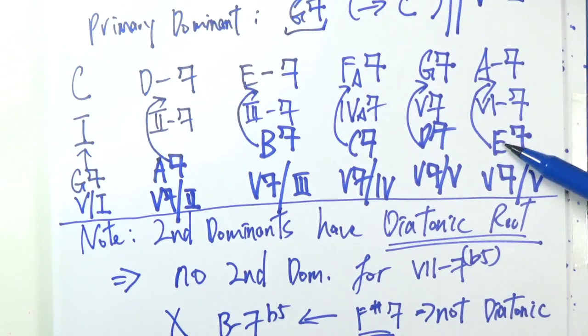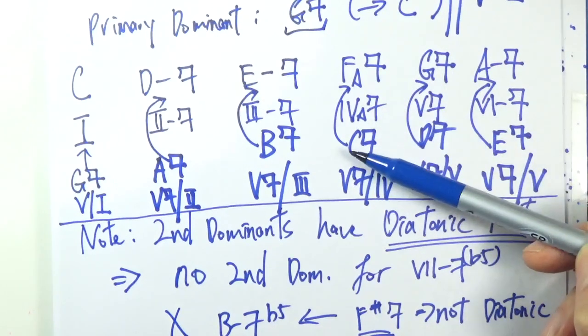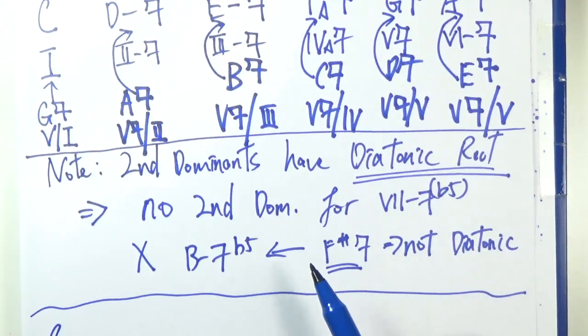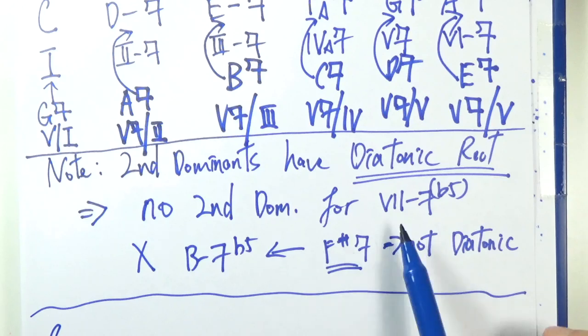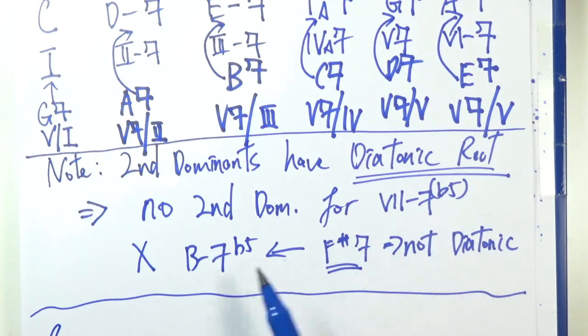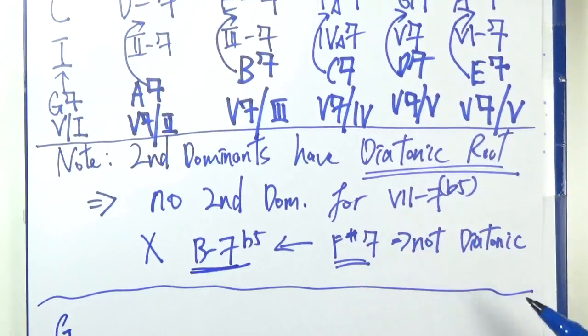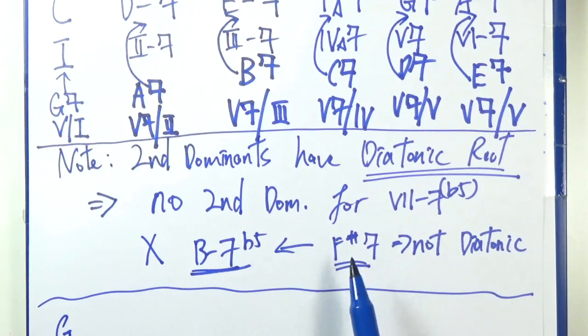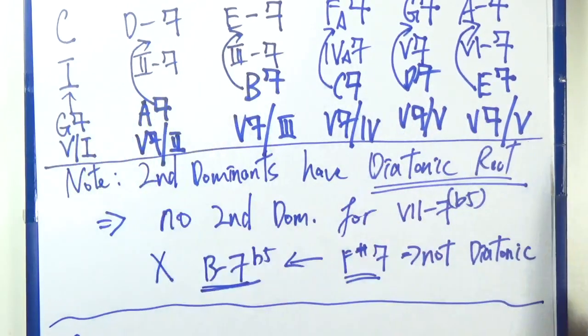So A, B, C, D, E; G, A, B, C, D; F, G, A, B, C. It has to be a perfect fifth. And that's why we don't have a secondary dominant for the 7 chord, minor 7 flat 5. So in this case, B minor 7 flat 5, because that would have been an F sharp dominant 7. And F sharp dominant 7 is not diatonic to C major.